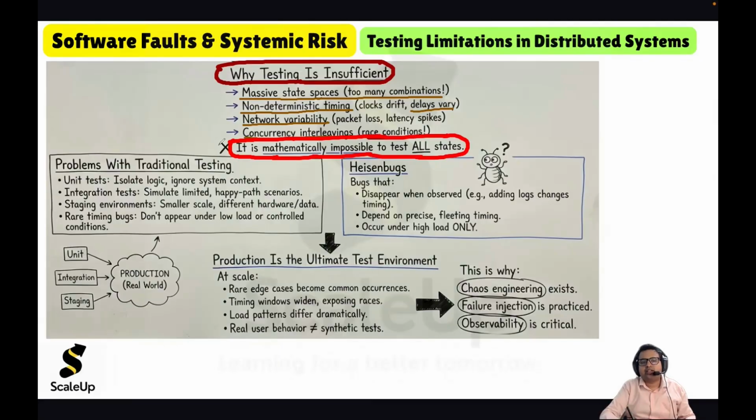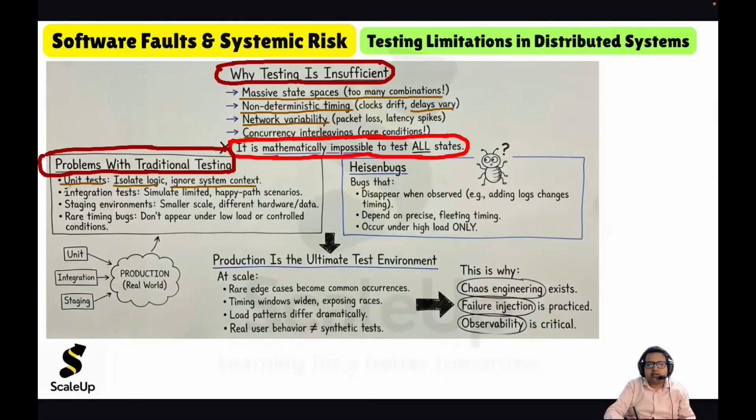In traditional testing, we do something called unit testing. In unit testing, we isolate logic and we ignore system context. Every component is tested independently, and we do not treat the system as a whole.